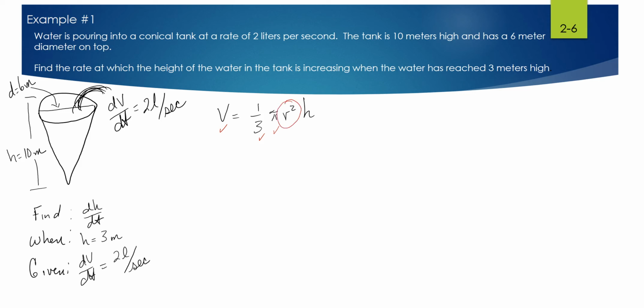And so this is something I'm going to have to fix. The h is actually what I'm given and what I'm asked to find. So I know when h is 3, I'm going to be finding the dh dt, and so that's a good variable to keep. It's the r I want to get rid of.